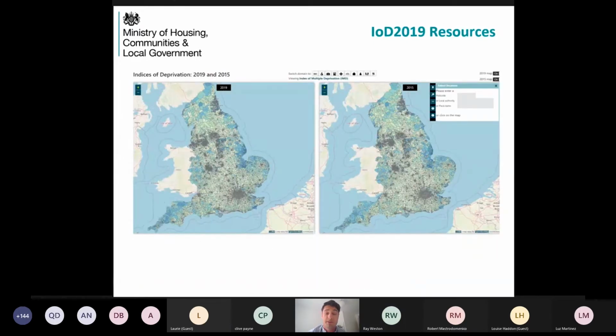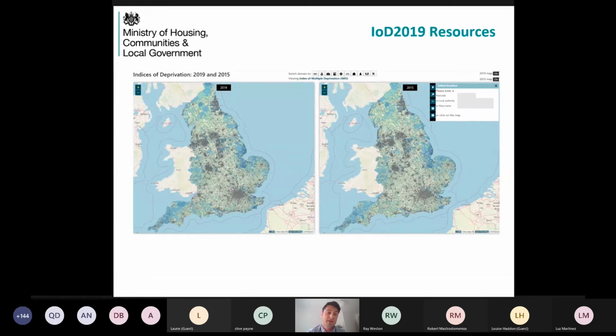Here is one of our most popular tools, and this is our postcode lookup. So lower layer super output areas are pretty well matched to postcodes across England. And what we've been able to do is create this lookup tool where you can enter your postcode and it will tell you how relatively deprived that postcode is compared to others across the country.